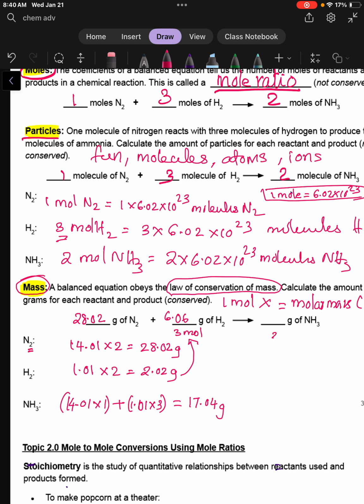There are 2 moles here, so you have to double it. That will be not 37.34, it will be 34.08 grams.